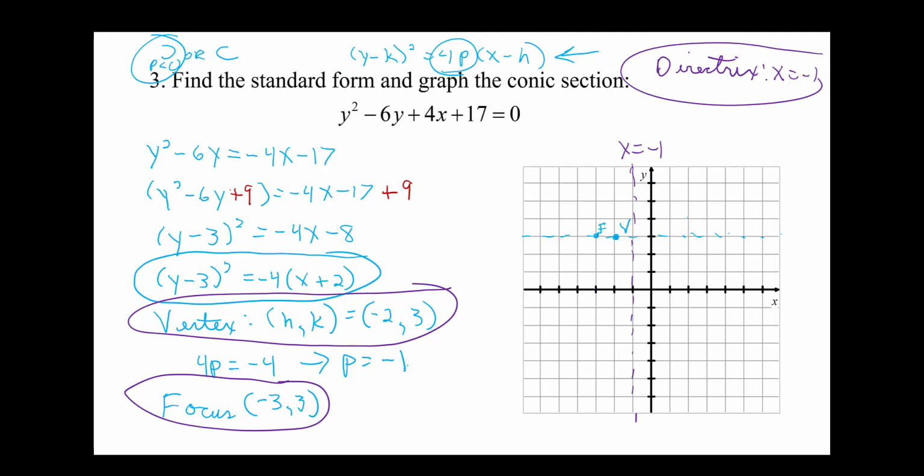So if we look at the axis of symmetry, we're going to go a distance of 2p from the focus, up and down. So if p equals -1, we're going to go a distance of 2 times 1 up, or 2 up, and a distance of 2 down. These give me the endpoints of the latus rectum. So we go up by 2 times the absolute value of p, and down by 2 times the absolute value of p, to get the endpoints of our latus rectum.